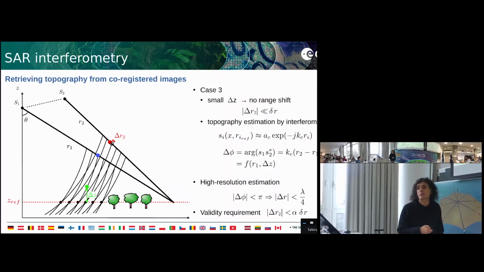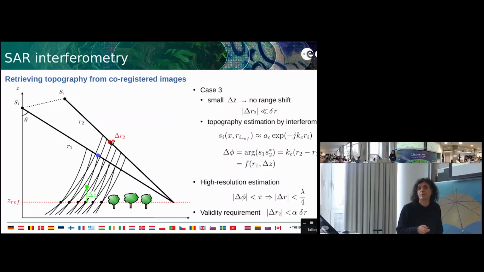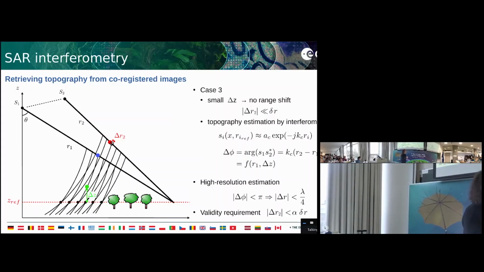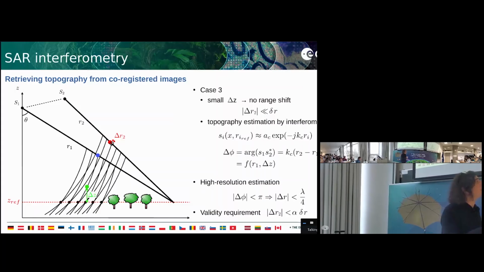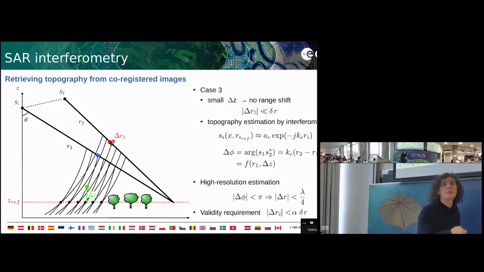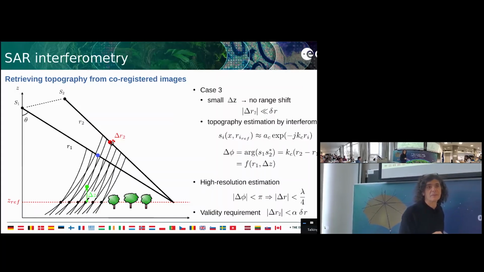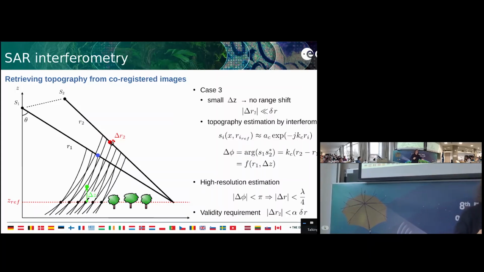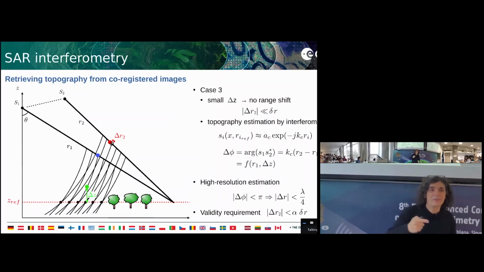Okay, it's a fraction of a wavelength. This is extremely accurate. If you take an X-band sensor, the wavelength is 3 centimeters, so your precision is much better than 1 centimeter. From space. I mean, this device measures the response of the Earth from 600 kilometers, and you are sensitive to millimeters. Huh?